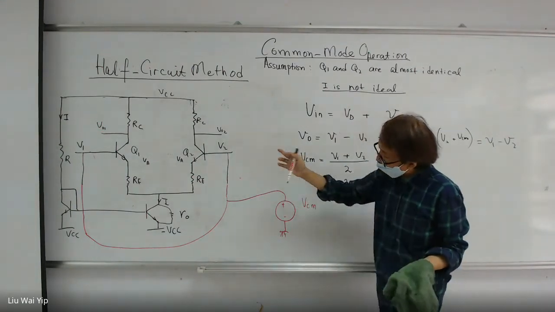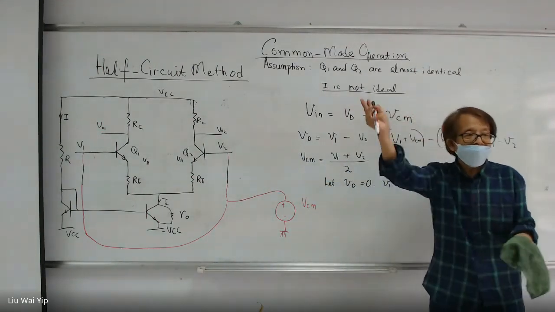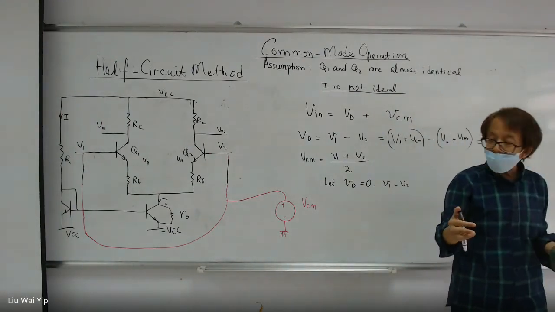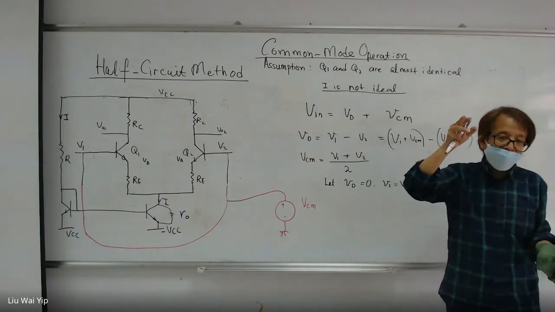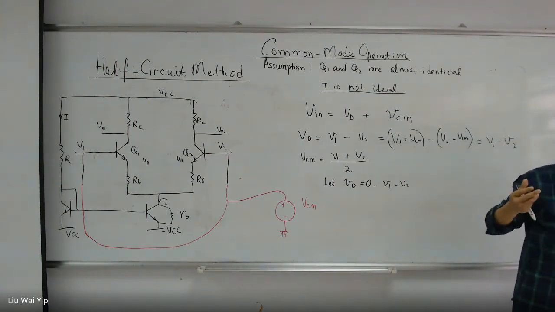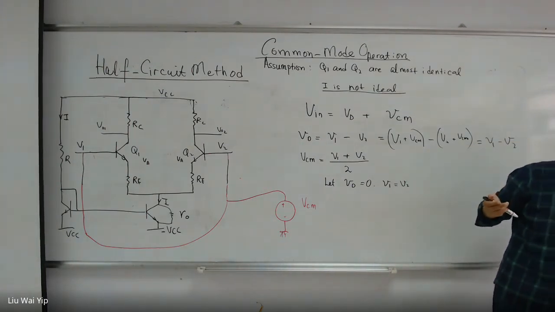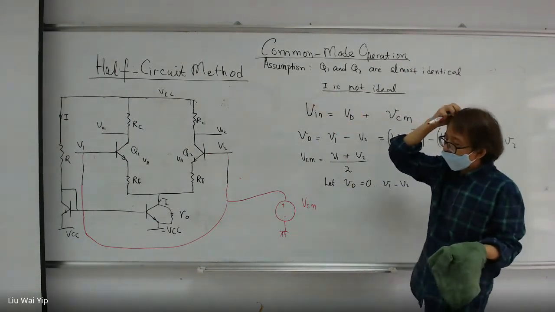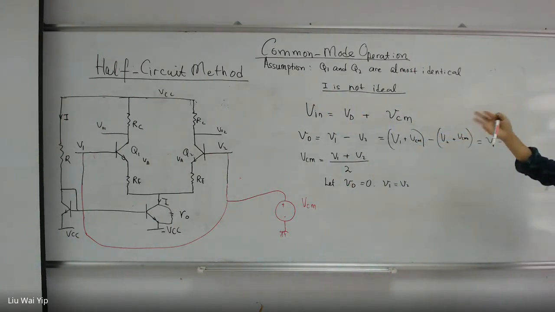If you inject noise in, the noise will get amplified. In the old days, we didn't have the so-called differential amplifier. Those radios from your grandfather are really noisy. The reason is they are using single-ended. They don't use this differential topology. Now we are using differential topology, the noise will be cancelled out.